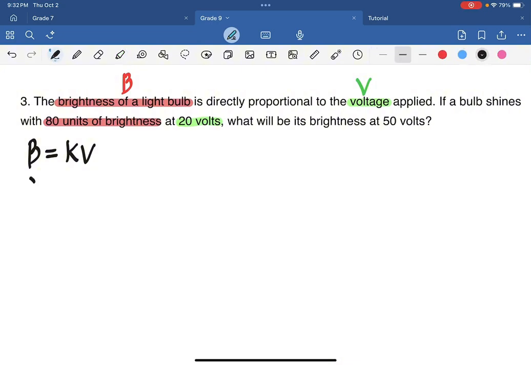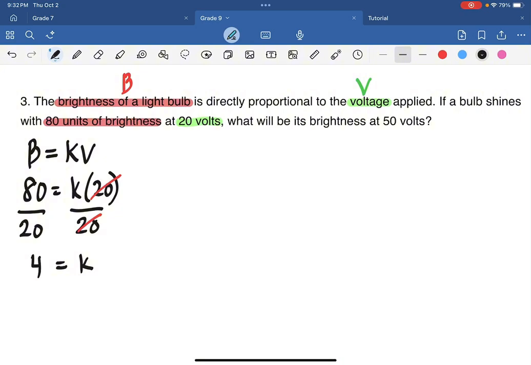So for B, we have 80 equals K times 20. So divide both sides by 20 in order for our K to have a coefficient of 1. So cancel. So you have K here, and 80 divided by 20 is 4. And this is the value of our constant.